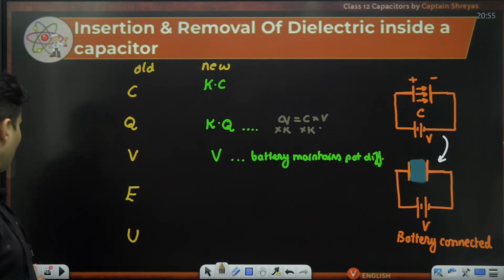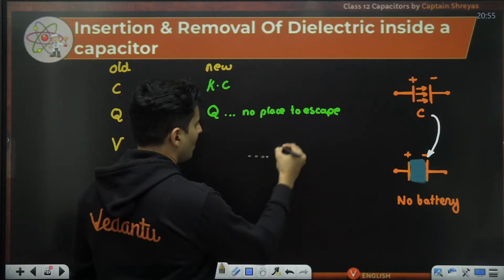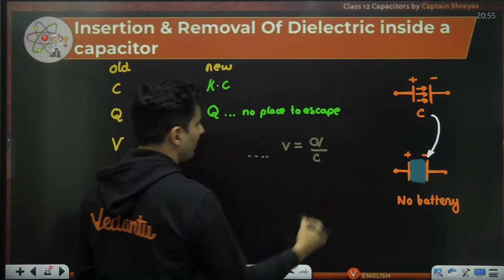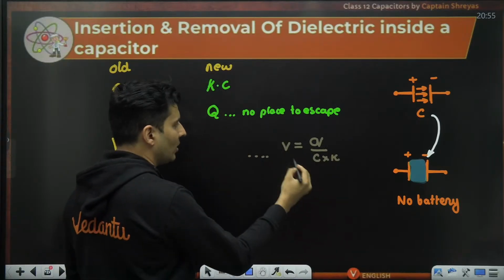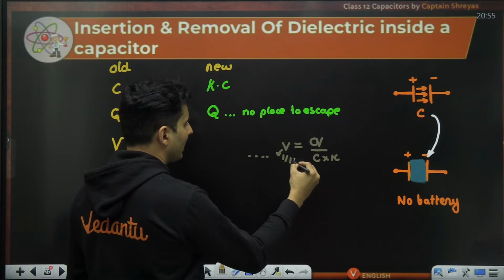Is that right? What about over here? In this case, think about it. Voltage is charge divided by capacitance. The capacitance increases K times, charge has not changed. So the voltage should change by 1 by K times.